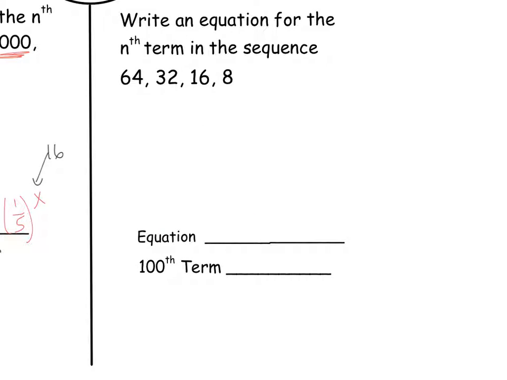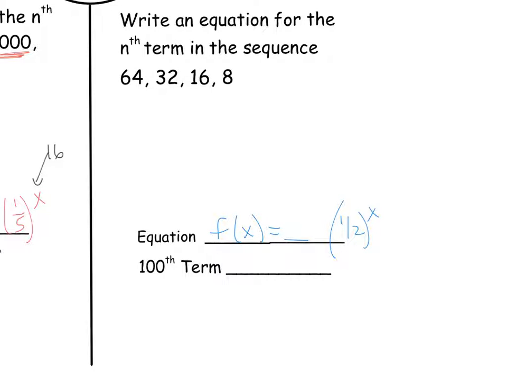Let's look at one more example. Write an equation for the nth term in the sequence 64, 32, 16, and 8. Well, I can tell here that it is being multiplied by 1/2, because that's the same thing as dividing by 2. So this is f of x equals, and I'll have to wait to find my zero term, times 1/2 to the power of x. Let's write that a little bit better.